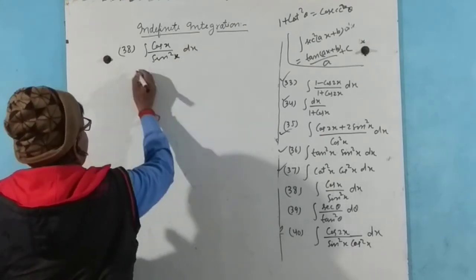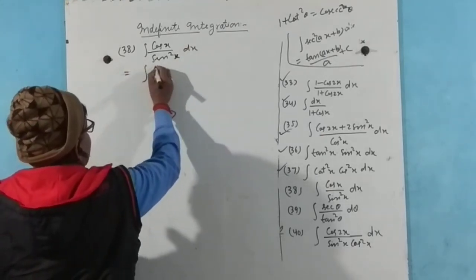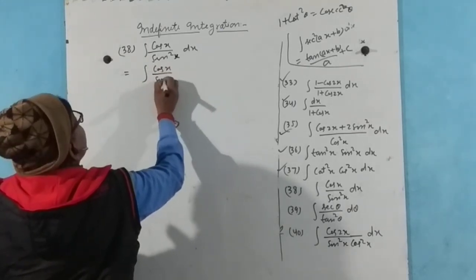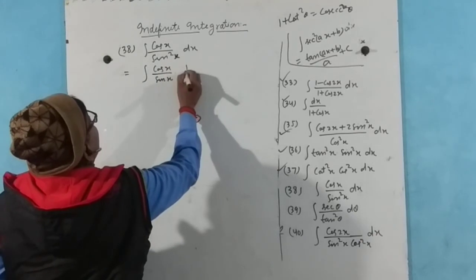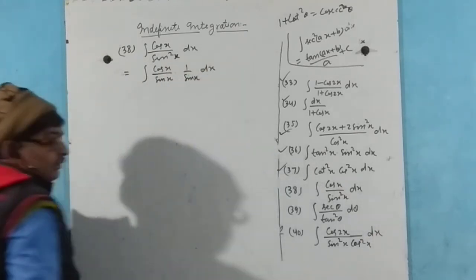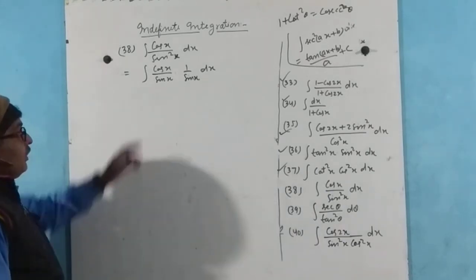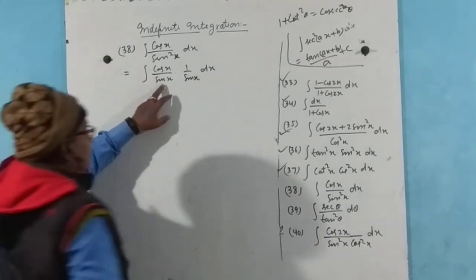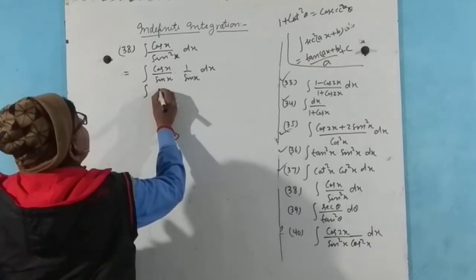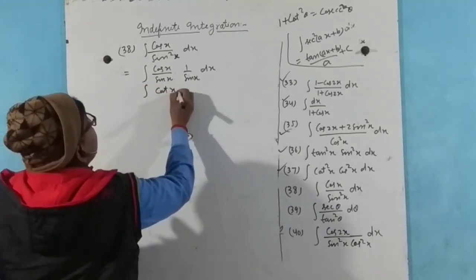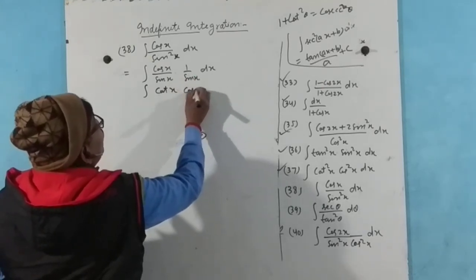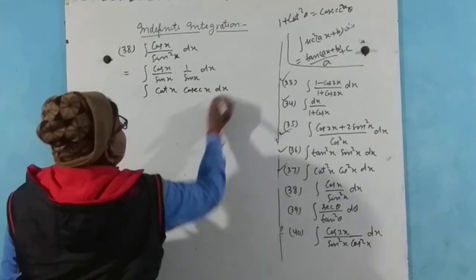Now we arrange this as integration of cos x divided by sin x into 1 by sin x dx. Cos theta by sin theta is cot theta, so the integration of cot x and 1 by sin, that is equal to cosec x dx.